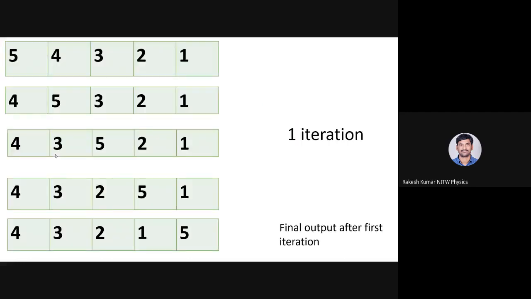Okay, listen carefully. This is the input data. First we are going to compare 5 and 4. I will move this to the AL register and compare with SI, or SI plus 1, whatever it is. Whatever data you are given, first you compare two numbers, like 5 and 4 here.